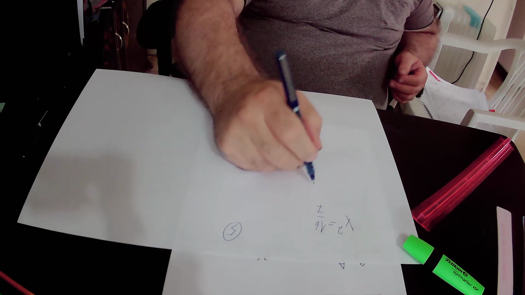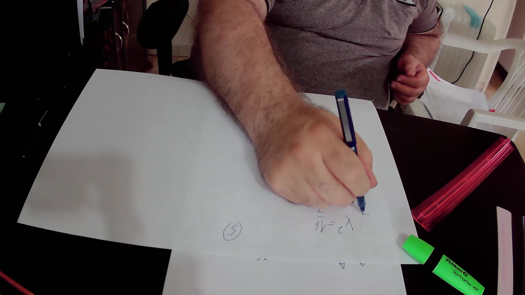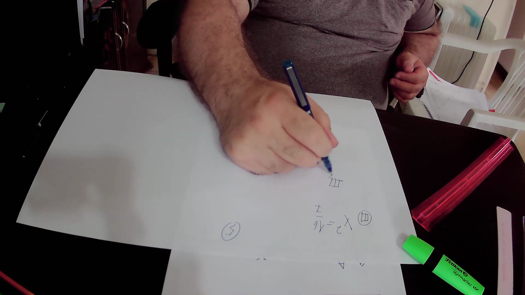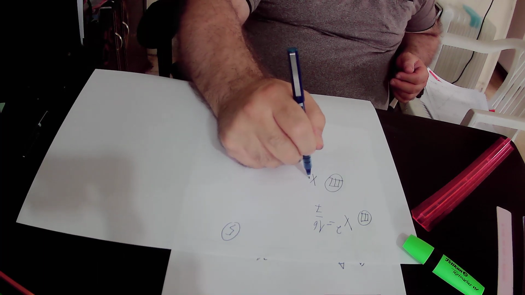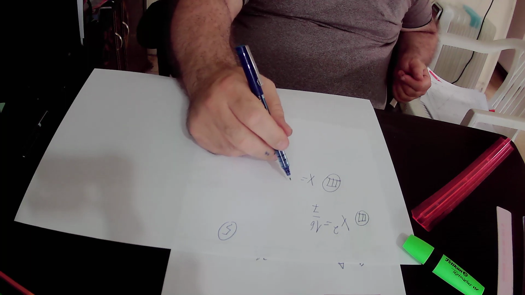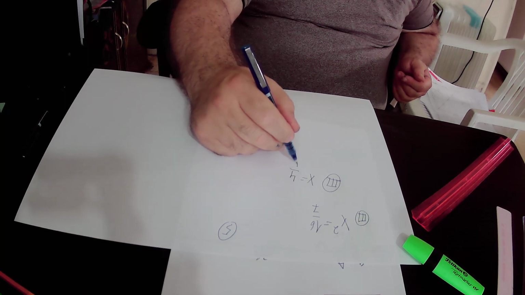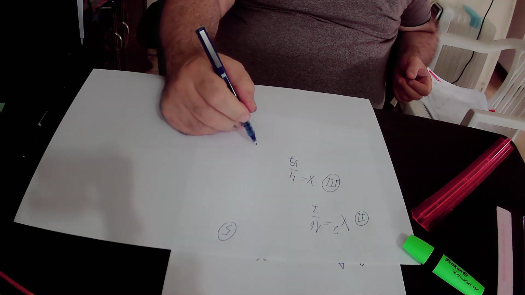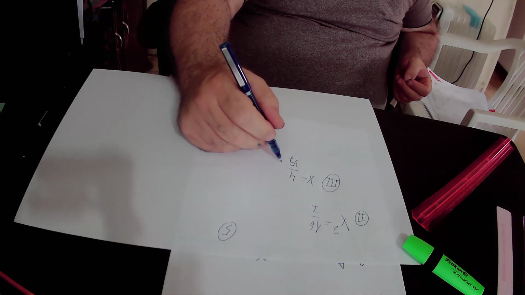Here we take a root of equation number 3, and we get that x equals the square root of 16, which is 4, over the square root of 7. So we found out that x equals 4 over square root of 7 units.